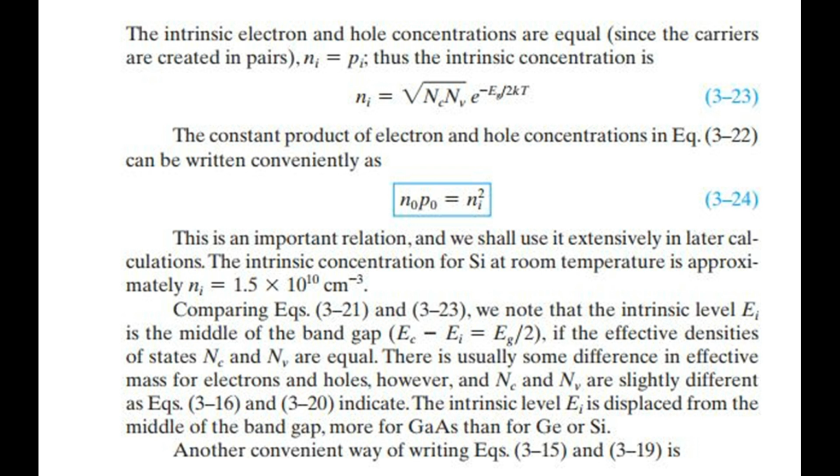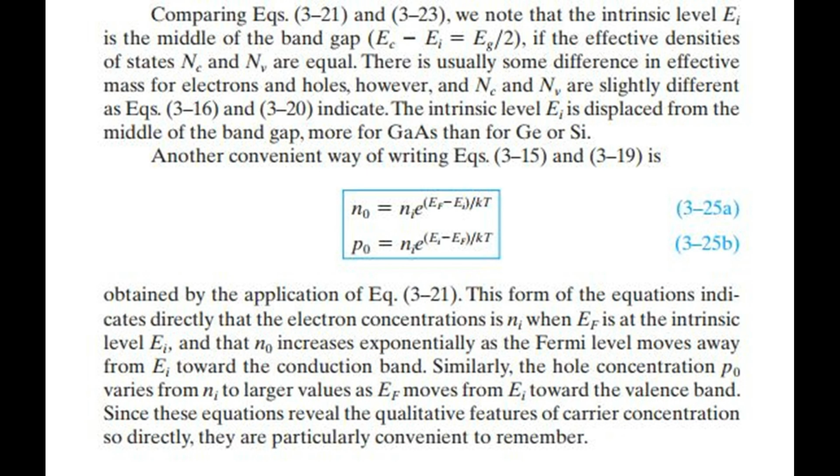This form of the equations indicates directly that the electron concentration is ni when F is at the intrinsic level EI, and that n0 increases exponentially as the Fermi level moves away from EI toward the conduction band. Similarly, the hole concentration p0 varies from ni to larger values as F moves from EI toward the valence band. Since these equations reveal the qualitative features of carrier concentration so directly, they are particularly convenient to remember.